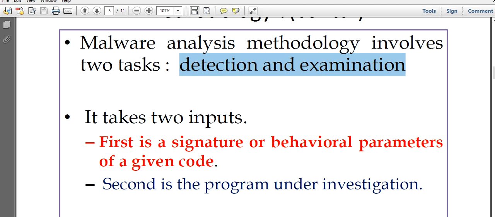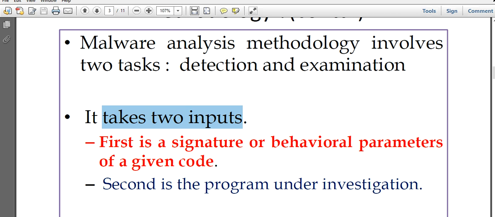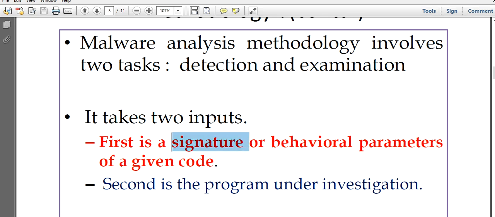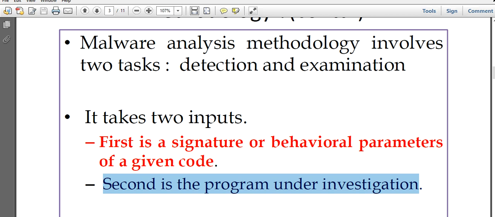This type of methodology takes two inputs. The first is a signature or behavioral parameters of a given code. You can take a screenshot of this. This is very important. The second is the program under investigation.